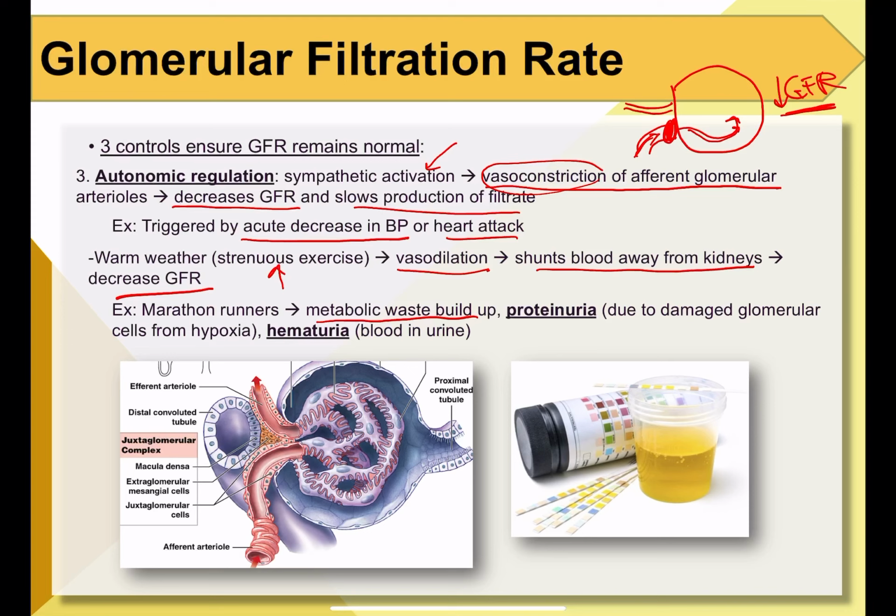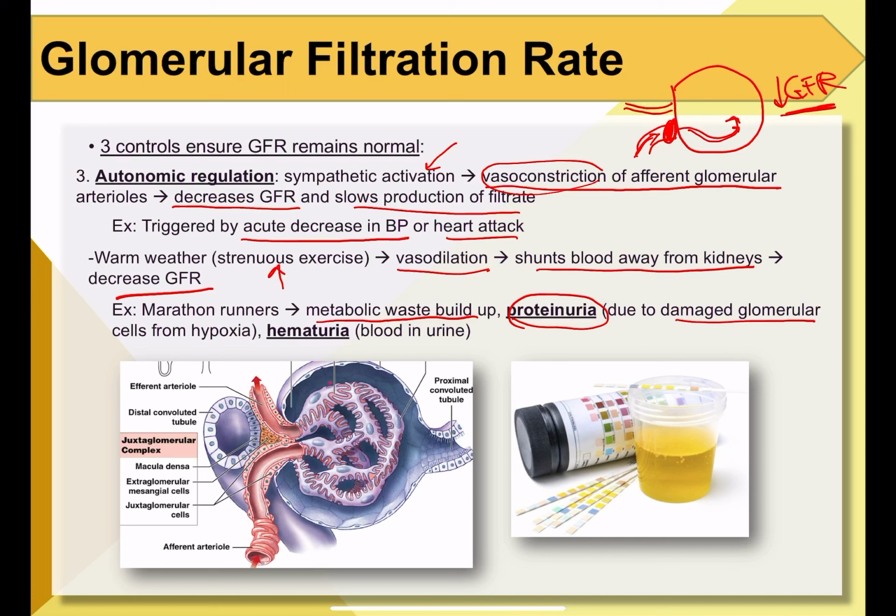So a lot of times marathon runners afterwards have to do a lot of things to get their body back to normal status, because they can have what's called proteinuria, because of damaged glomerular cells due to hypoxia. Now you have not enough blood going to your kidney, which means not enough oxygen to supply your kidney cells, and that can lead to damage of your glomerular cells, which is when proteins can start entering your urine due to those cells dying.